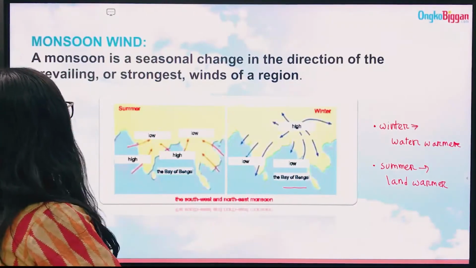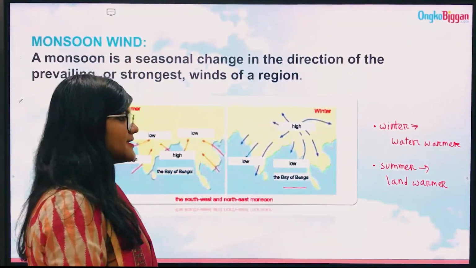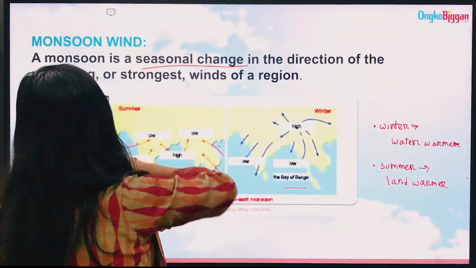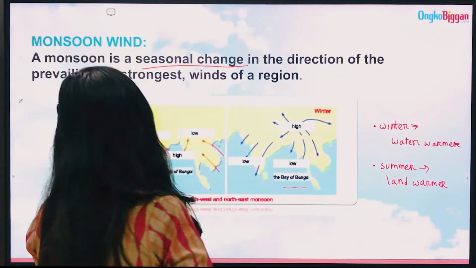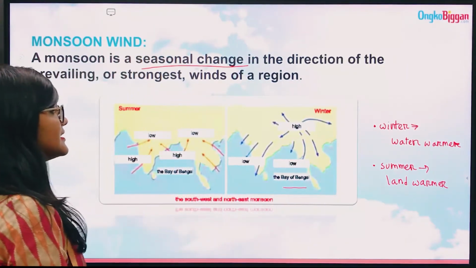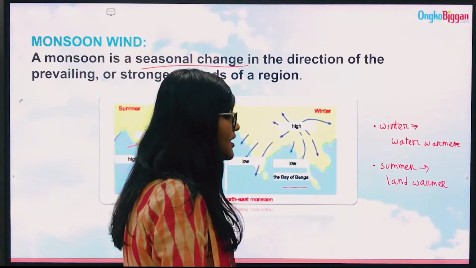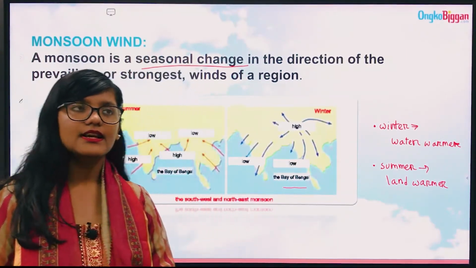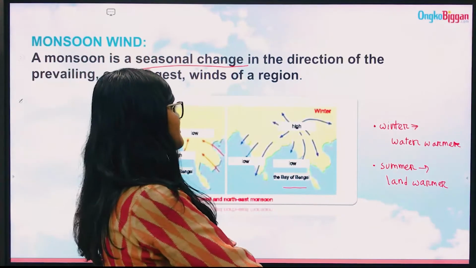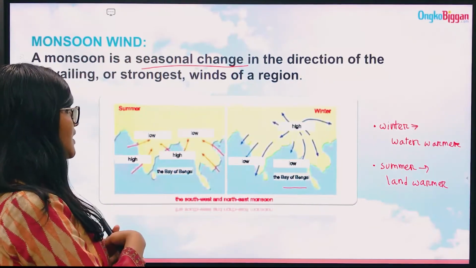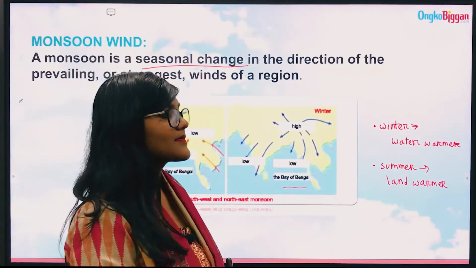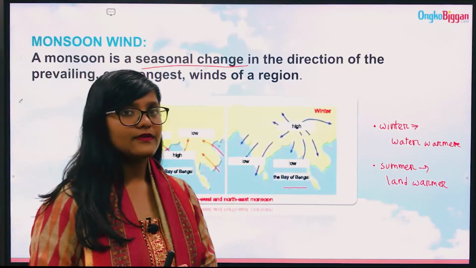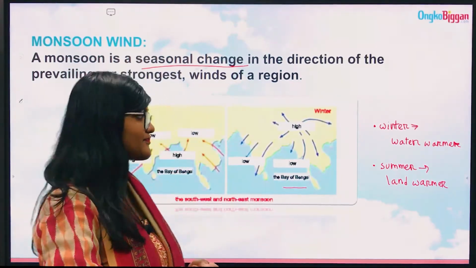So now we will talk about monsoon wind. It's a specialized wind that varies due to seasonal change. A monsoon is a seasonal change in the direction of the prevailing or strongest winds of a region. We have different types of seasons in our country, summer, winter, and others. We have learned that due to temperature difference in the atmosphere, air is blown from high pressure to low pressure.